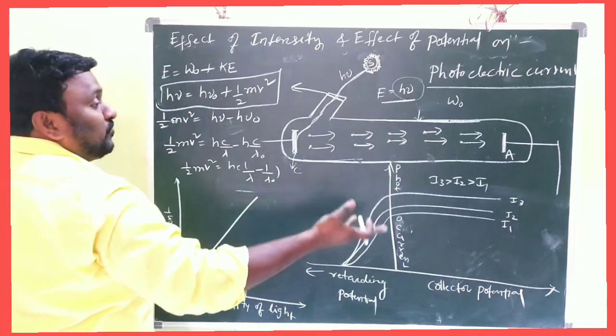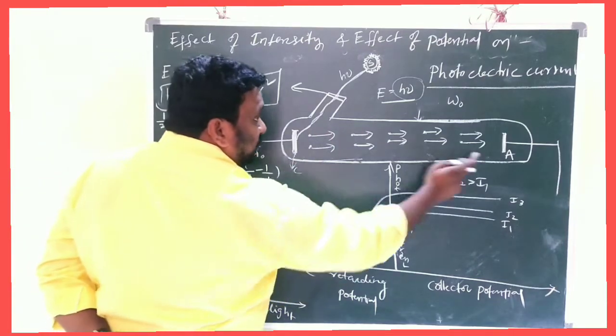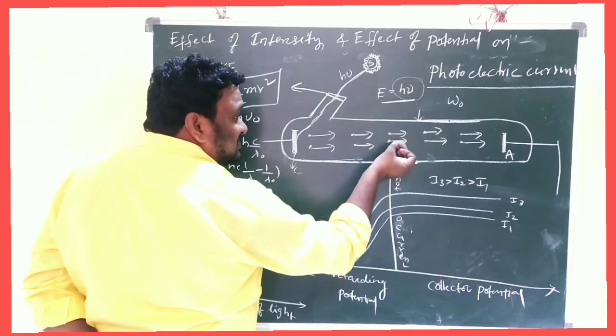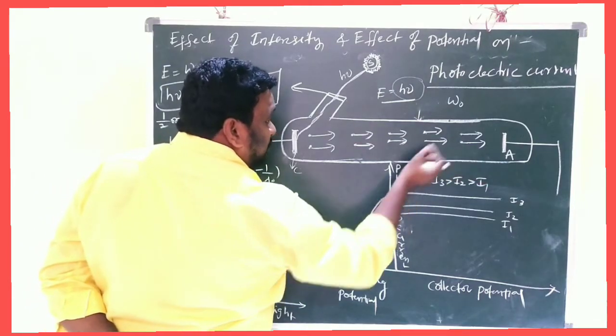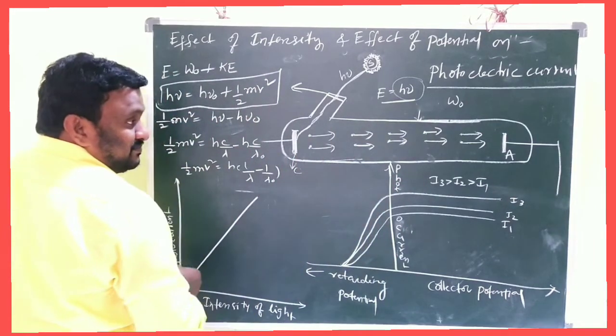And the remaining part of the energy helps the electrons to move from C to A. When the electrons are collected by the collector, only then will the ammeter in the circuit show the current.